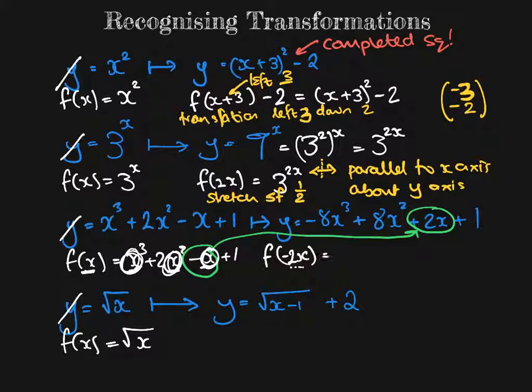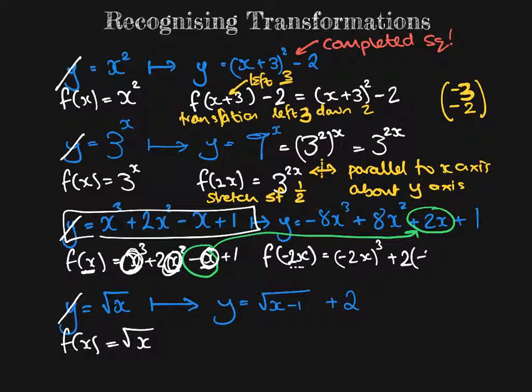So what would that look like? It would be minus 2x cubed plus 2 lots of, I'm just using the definition of the original function, plus 2 lots of minus 2x squared minus minus 2x plus 1. That's f of minus 2x.